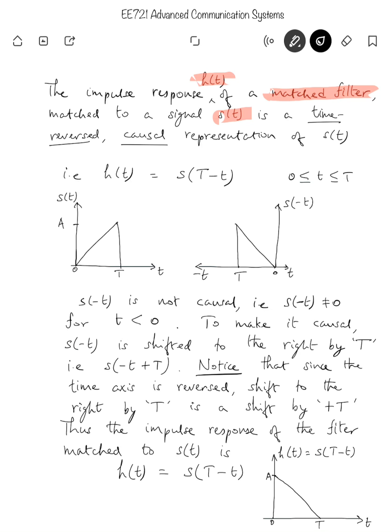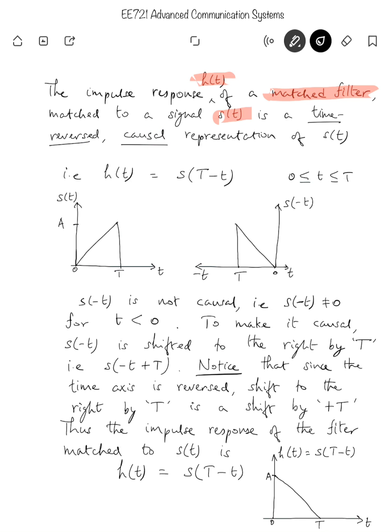So for example, if we have this particular signal here, S of t, which is of duration T, and it is like a triangular pulse of duration T with the peak amplitude of A volts. Now we have to match the impulse response to this pulse. By matching, we mean to set the impulse response to be a time reversed and causal representation of this signal.